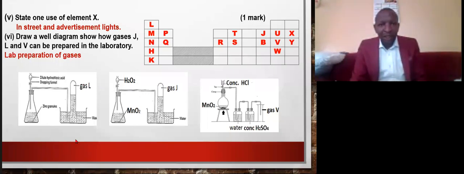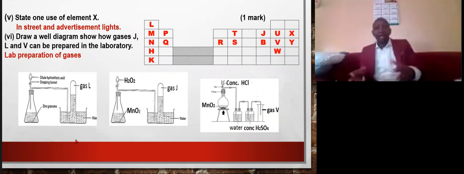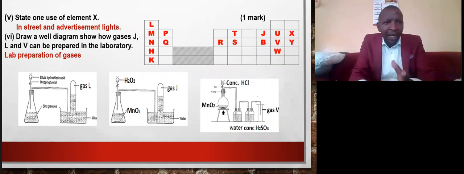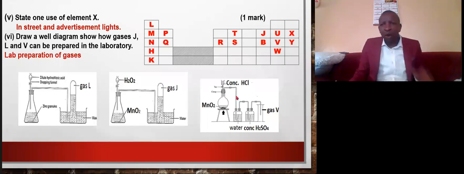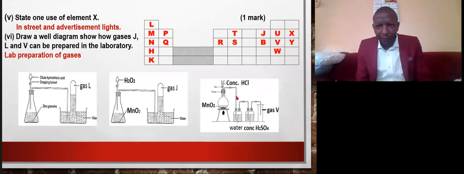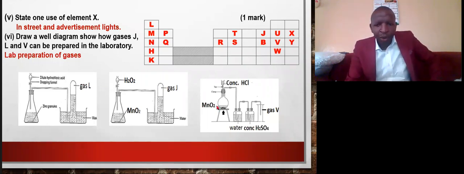So now we are saying an exam can be tested whereby you are told to state one use of element X. You can be told to draw a well-labeled diagram to show how gas J, the J we are talking about here is oxygen, gas L, this is hydrogen, and gas B, which is fluorine, can be prepared in the laboratory. So you invoke those concepts, and always there will be a question on the gases. They will never miss, so it's very important for you to understand that. So we continue now.